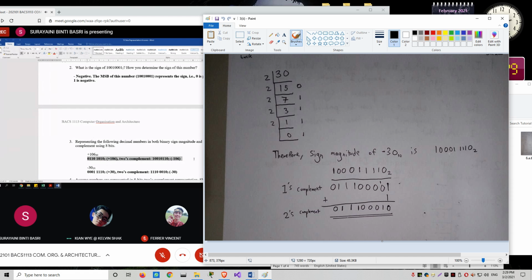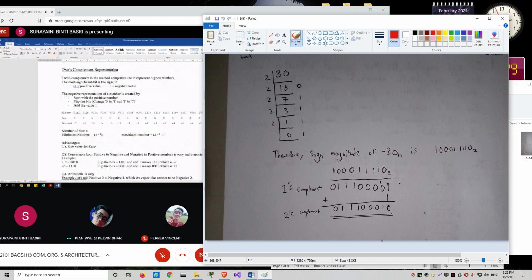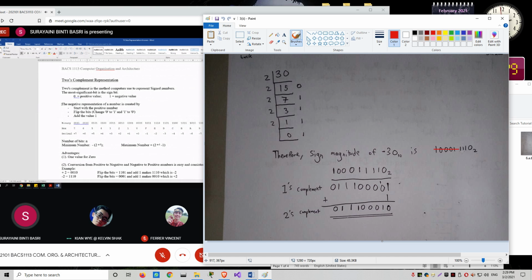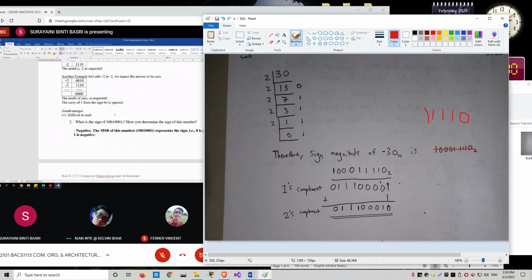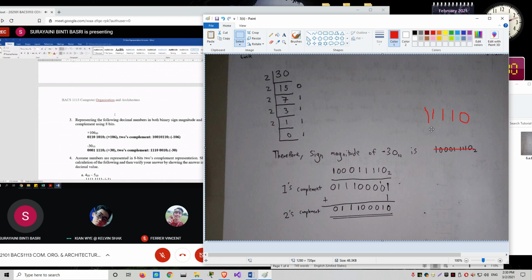In the exam surely you need to show the steps like this. So just remember the steps to do the two's complement are like this. You need to show the steps.